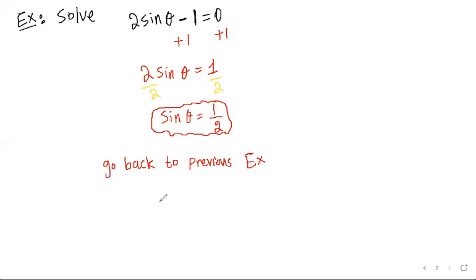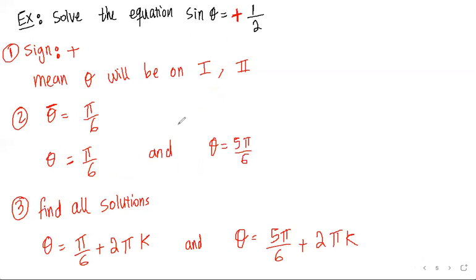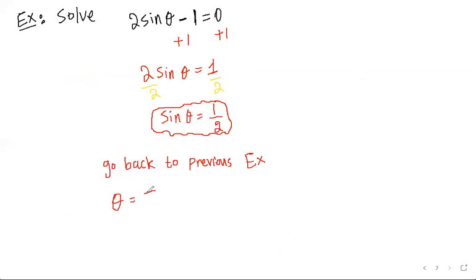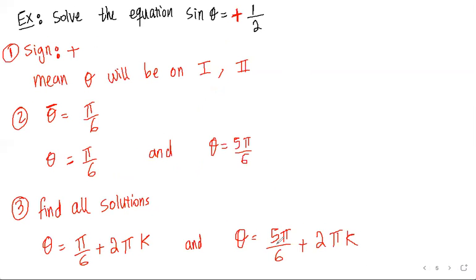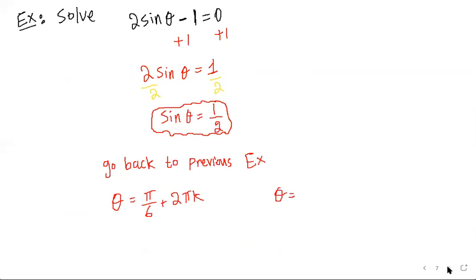So theta equals pi over 6 plus 2 pi k, and the second one is 5 pi over 6 plus 2 pi k.